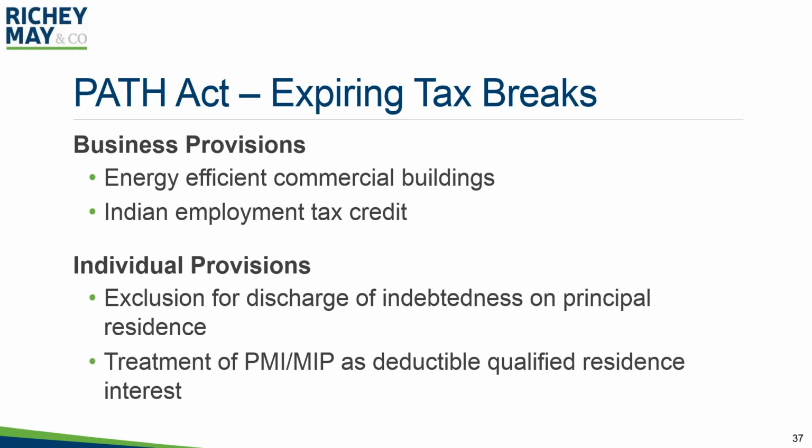Some things that might affect your clients, your borrowers, are listed there under individual. There's the exclusion for discharge of indebtedness on principal residence, which is set to expire.